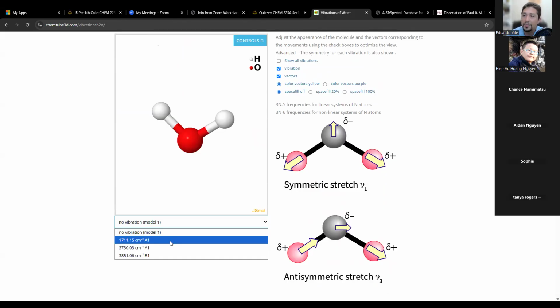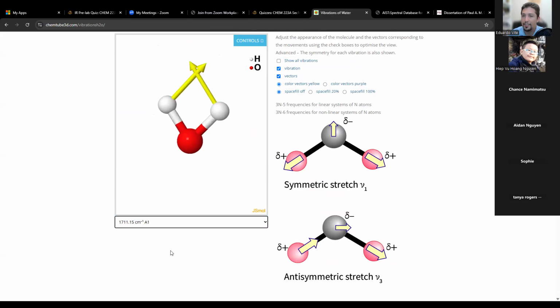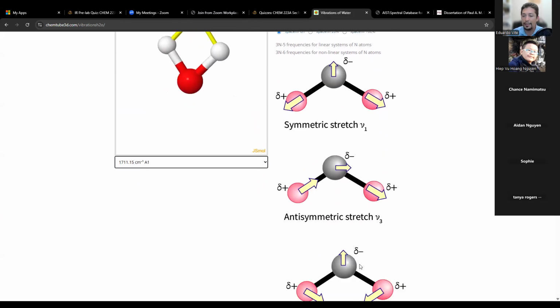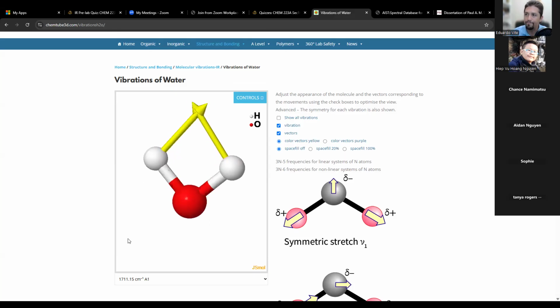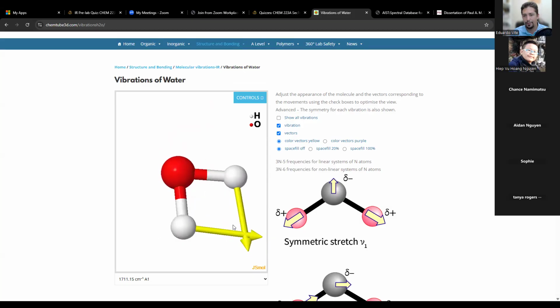The first one happens at 1711, and it's this one. We call this the bend right here, the one at the bottom. This is the bend. And you see that the bonds are bending towards each other, and that is causing a vibration to occur at 1711 wave numbers, or inverse centimeters, same thing, right? And you can see it's going in that specific direction.